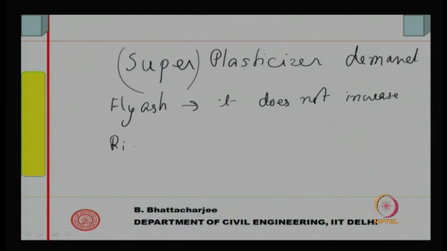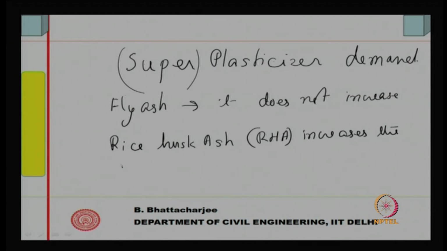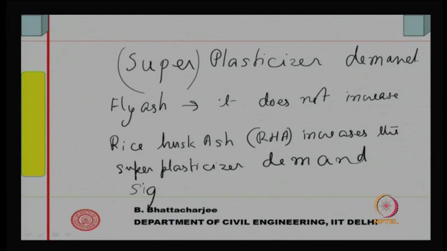Rice husk ash increases the superplasticizer demand significantly.